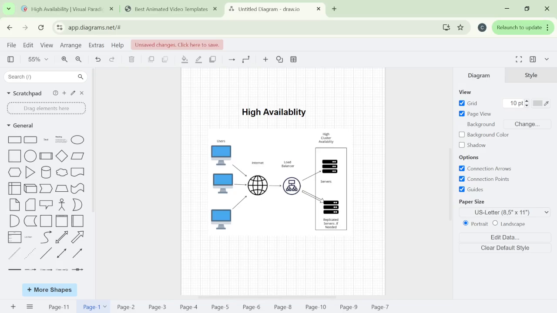Together with this, we also need to understand the role of load balancers here. In modern web architecture, load balancers are essential for keeping systems fast, reliable, and scalable. Their job is to distribute incoming traffic across multiple servers, making sure no single server gets overwhelmed. Without them, a surge in user requests could bring your entire system to its knees.